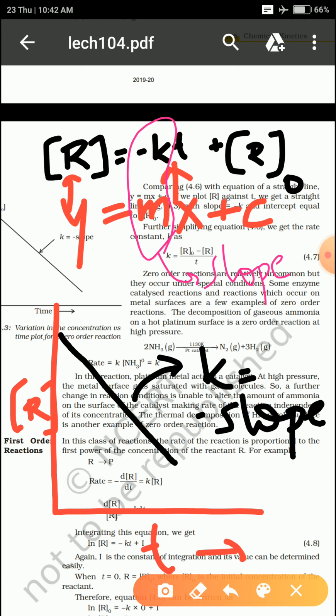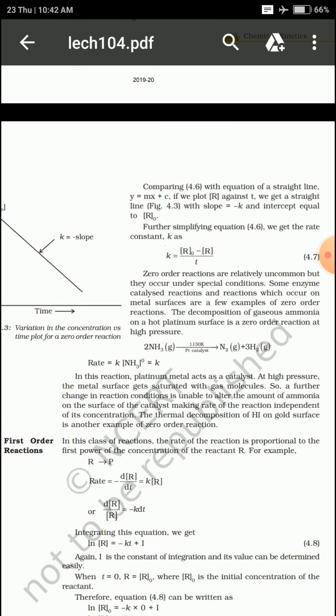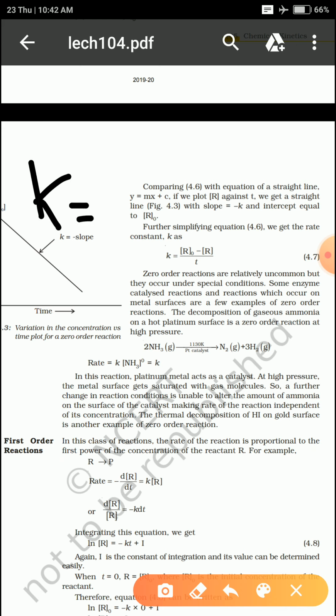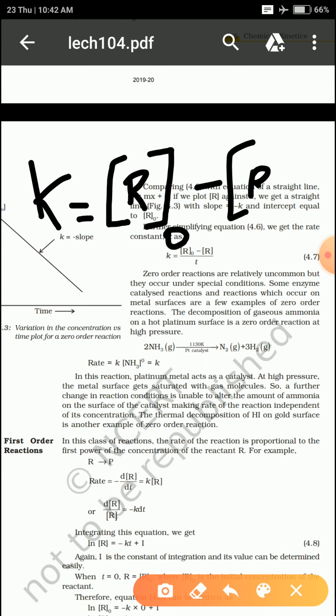This is how we plot the graph for zero order reactions. I hope you understood how the graph is drawn, how we depicted this equation, and also the formula of the rate constant for a zero order reaction. Again, the formula is k equals initial concentration R0 minus final concentration R, whole divided by t.